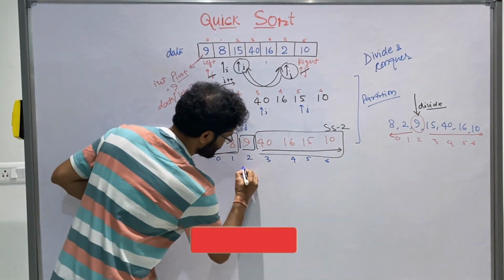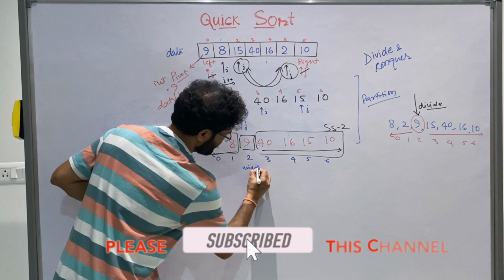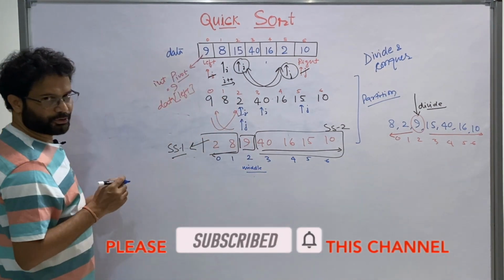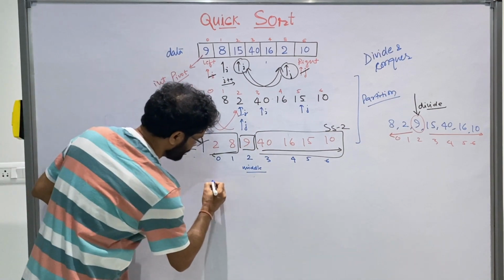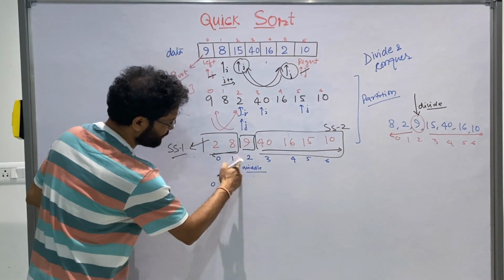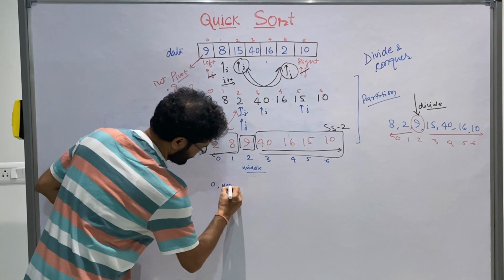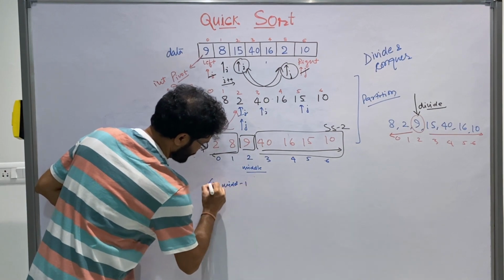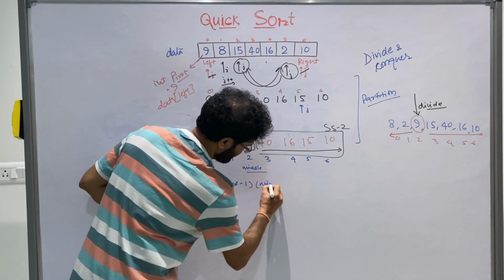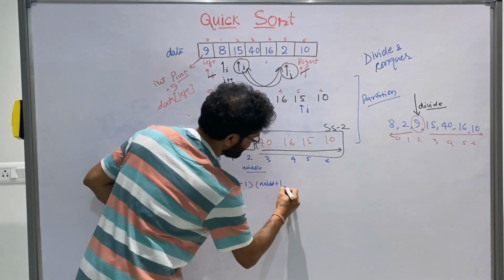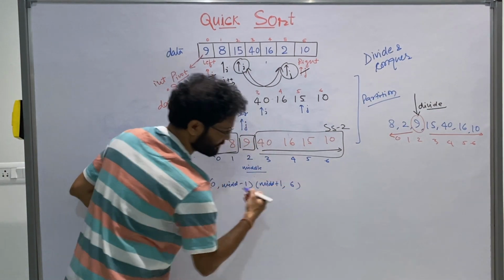So suppose this is your middle position, middle means from where you divide. So next time when you recurse on the problem, it will go from 0 to middle minus 1. This is your one subset. Another subset is middle plus 1 to 6.